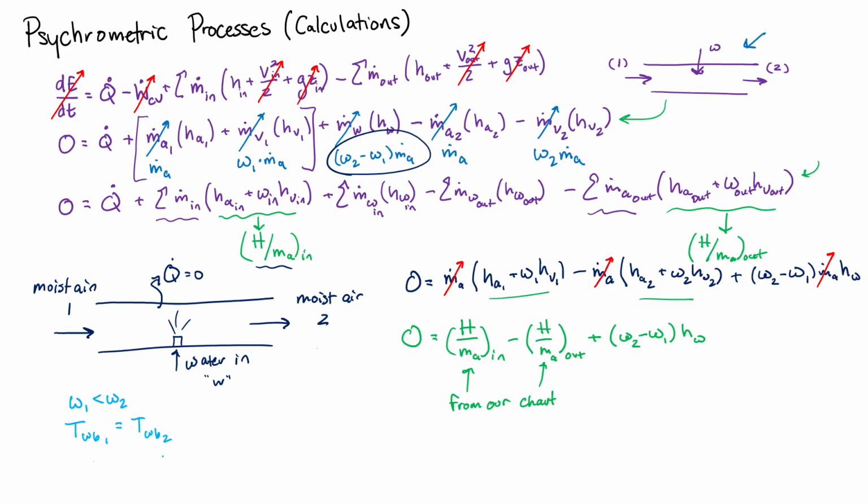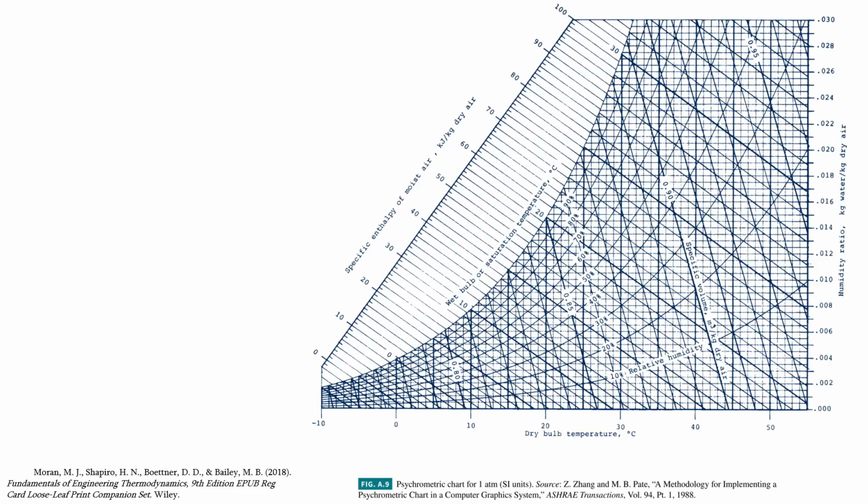So wet bulb temperature, again, is basically if I take a point and I follow it straight up along here, this is what's happening if I am not adding much energy, but just adding an amount of water and following this process up. That was the definition of our wet bulb temperature.